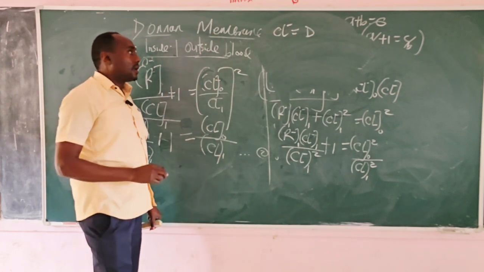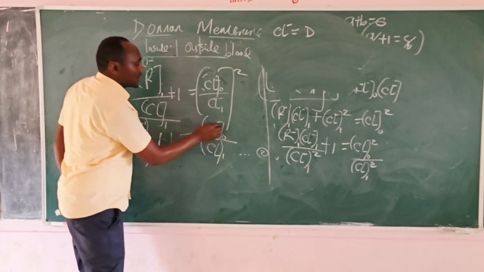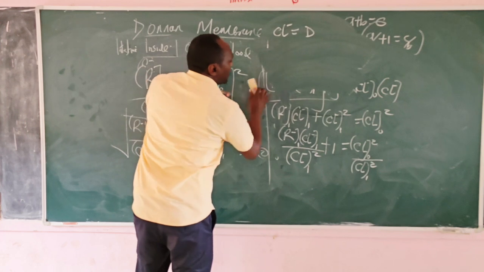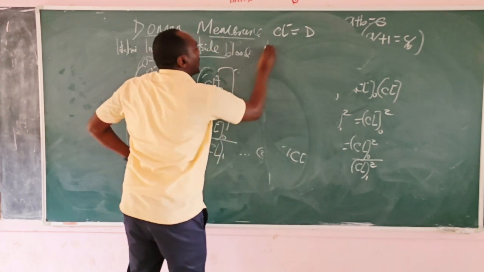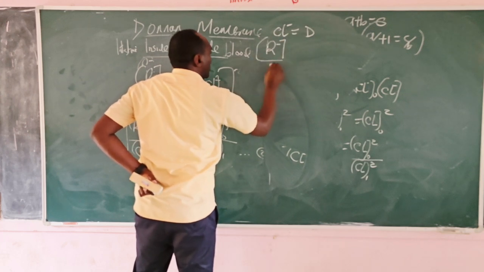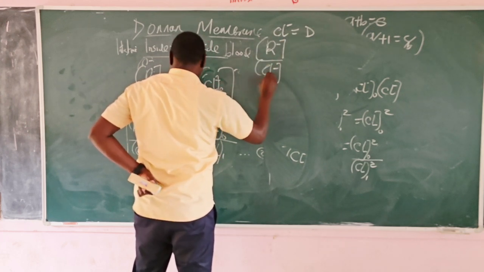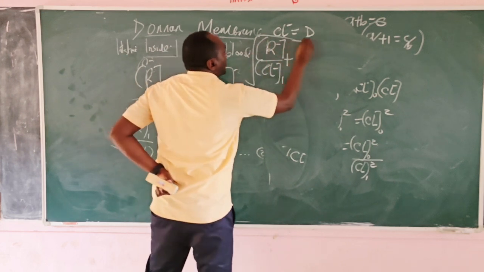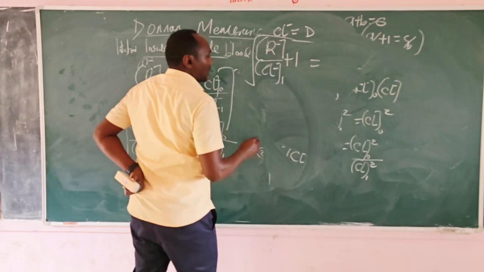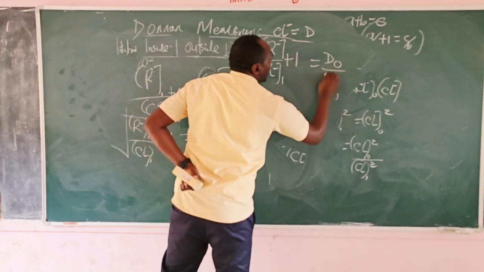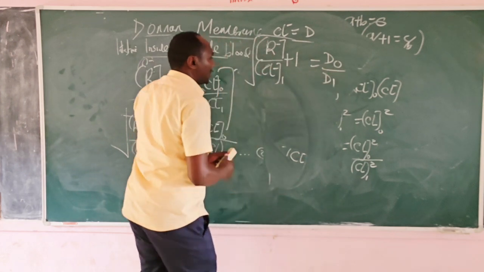Now, if we substitute this chloride, we will say R inside plus 1 is equal to drug outside over drug inside.